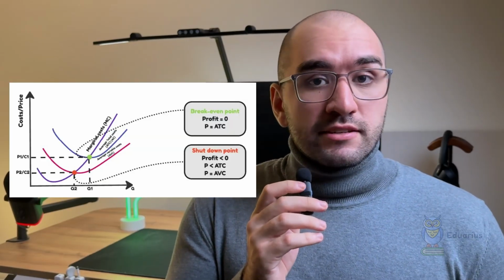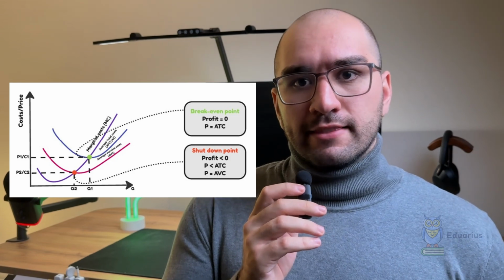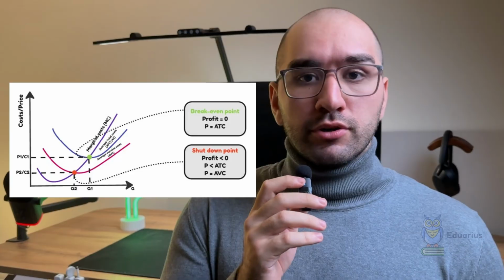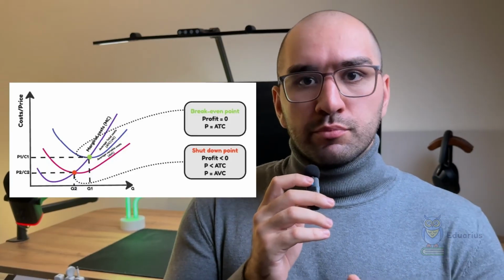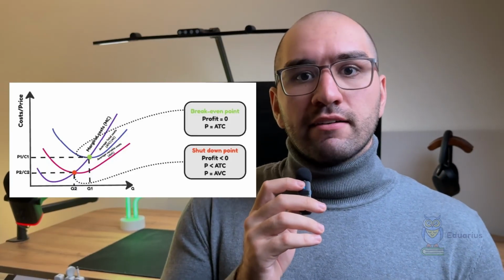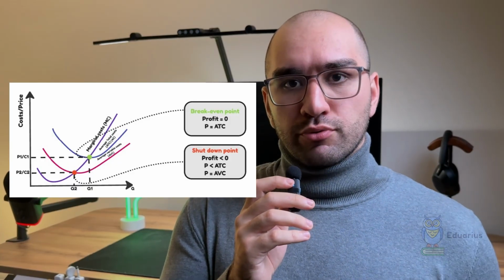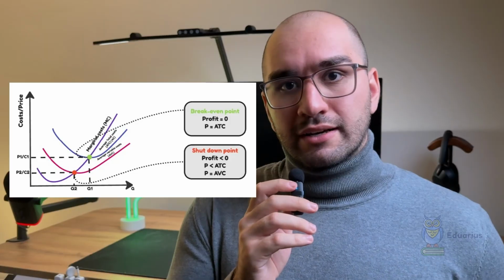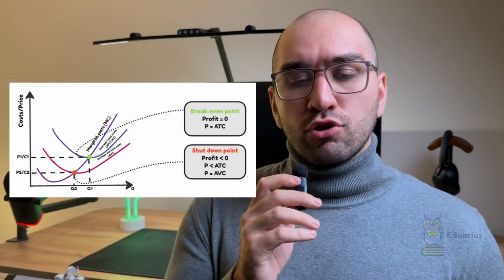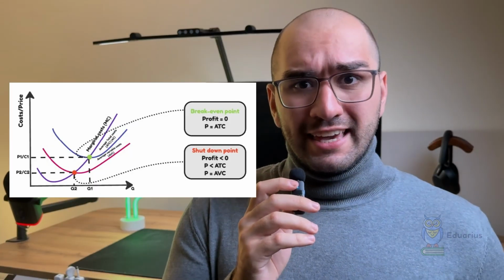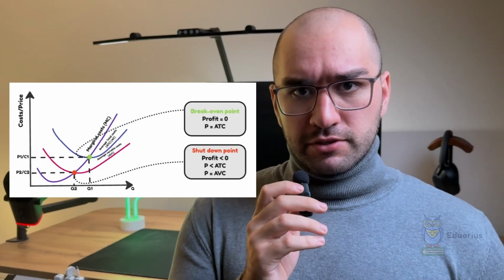So when price equals the marginal cost and the average total cost, we can call it a break-even point, where profit equals zero. When price equals marginal cost and average variable costs, we can call it the shutdown price. Therefore, we can also conclude here that starting from the shutdown point or shutdown price and up further, it is the supply in perfect competition.